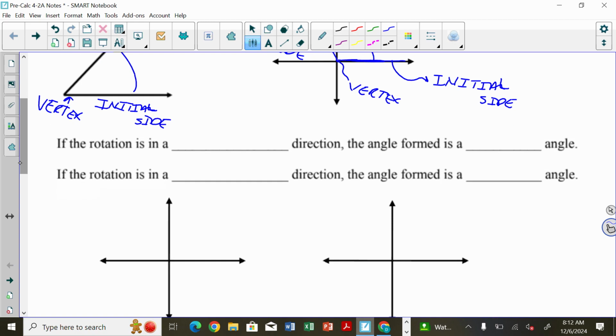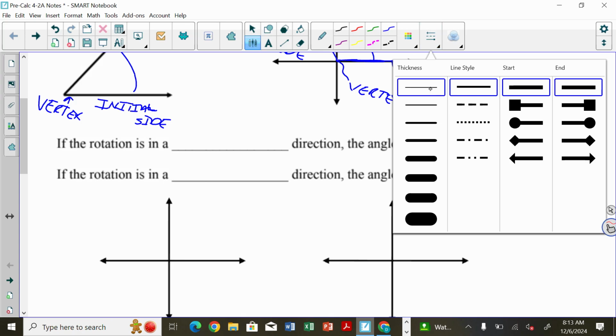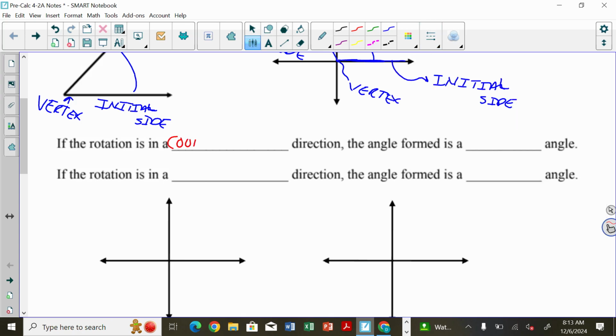When we think about that rotation, if the rotation is in a counterclockwise direction, or CCW, the angle is formed as a positive angle.